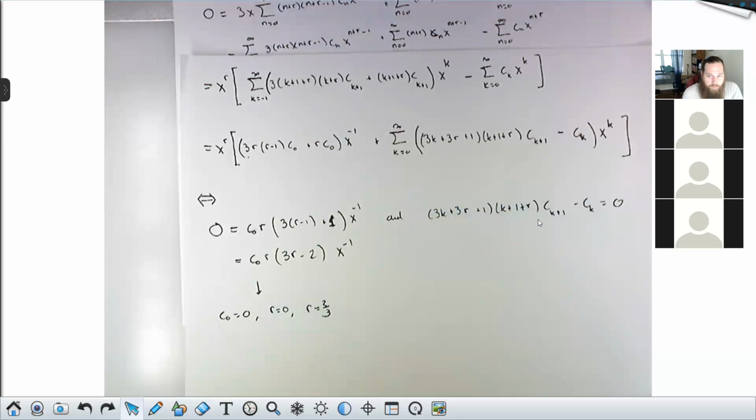If you plug in r equals 2/3, then this becomes a 2, this is a 2/3, and you get a different recurrence relation. So you get two different recurrence relations, each one corresponding to a separate linearly independent solution. It's an order 1 recurrence relation, right? So we don't expect this to be something that splits up the way the order 2 recurrence relations we saw before.